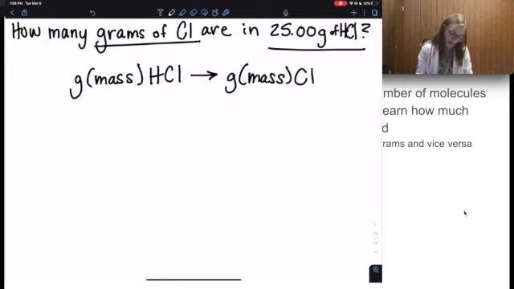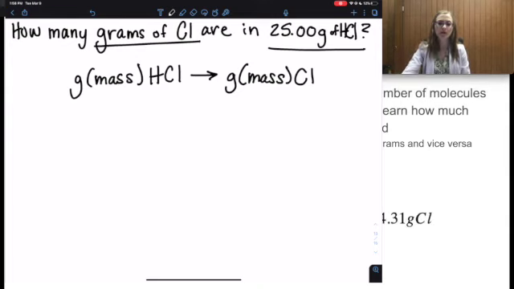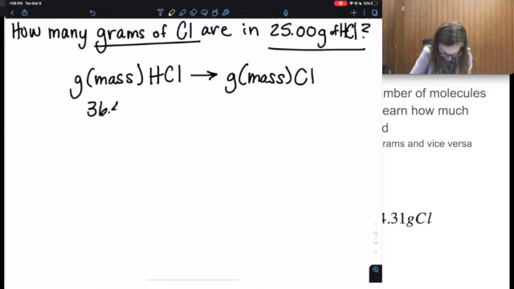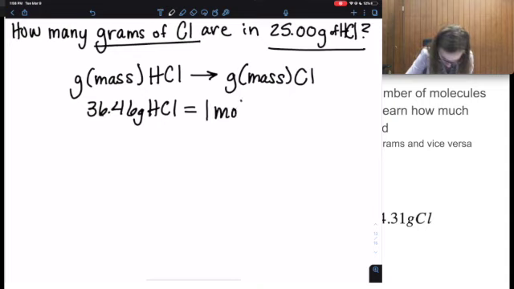I know that I have a relationship for hydrochloric acid between the number of moles and the number of grams of hydrochloric acid. That's the formula mass. The formula mass of HCl is 36.46 grams of HCl, and that's equal to 1 mole of HCl.